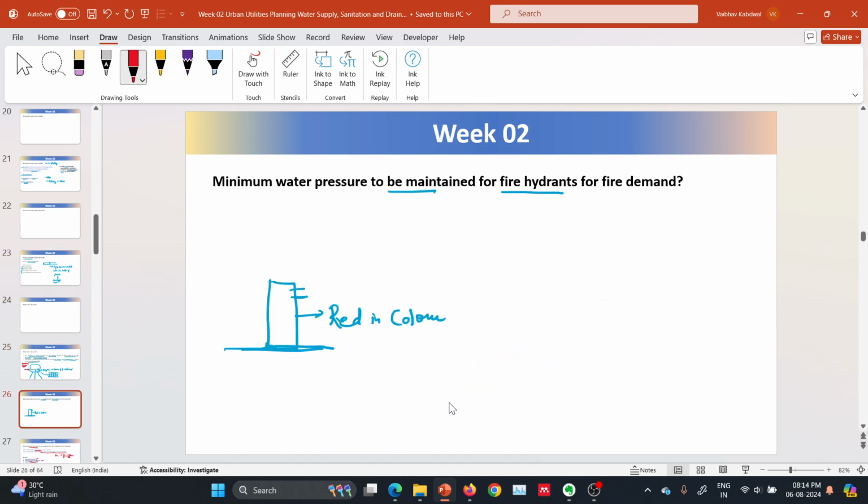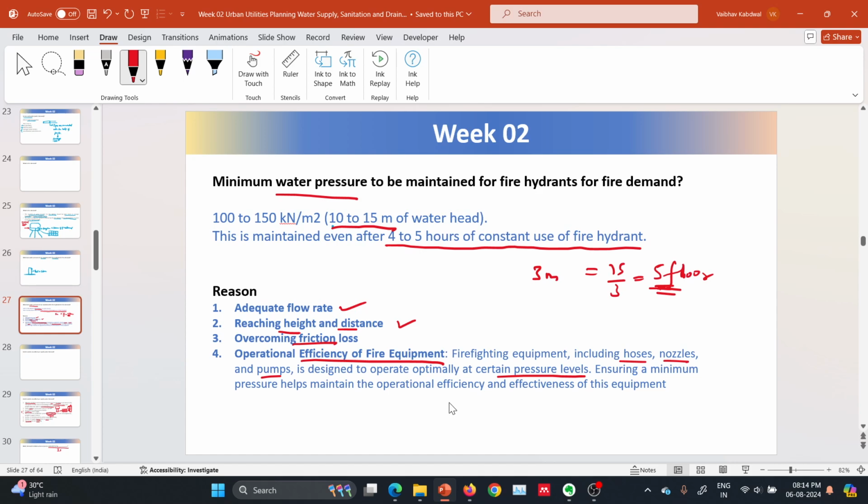So we understood in the fire hydrant some pressure should be maintained. If you see the fire hydrants in Google, these are red in color, and they are provided in the streets at a distance of 100 to 150 meter. And three pipes can be connected through a fire hydrant.